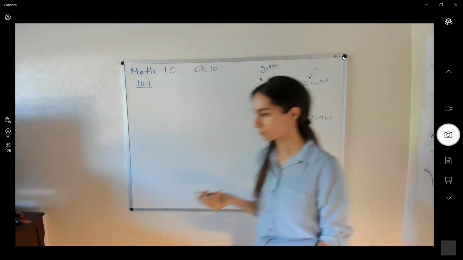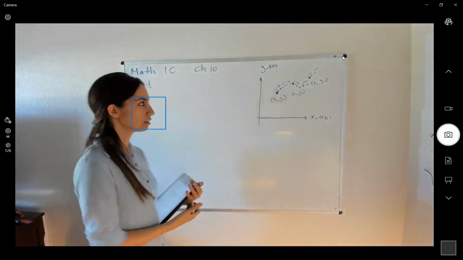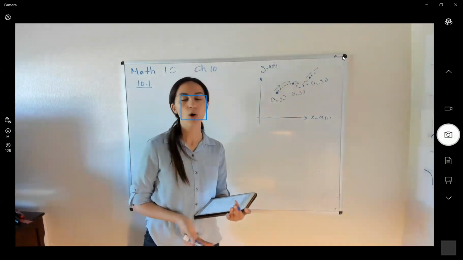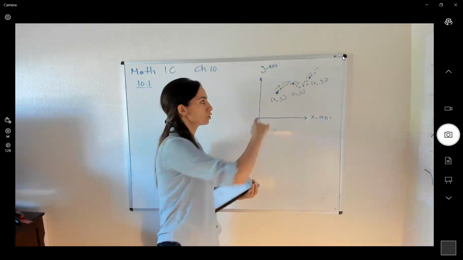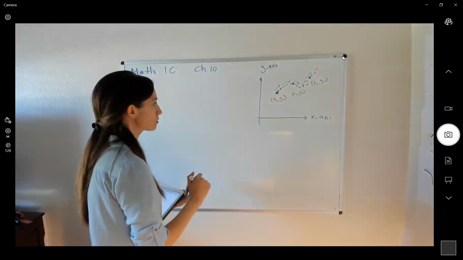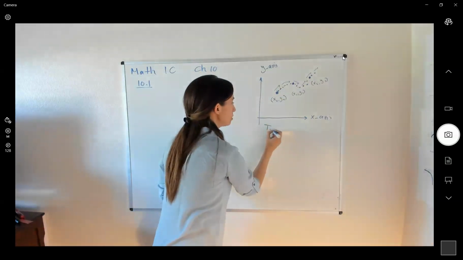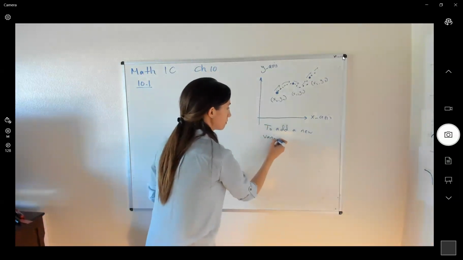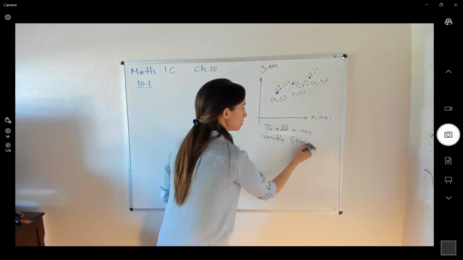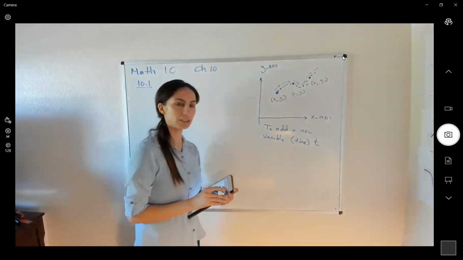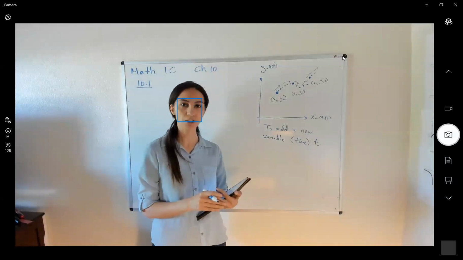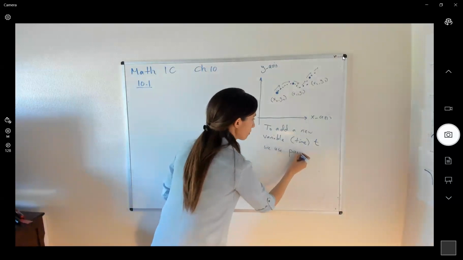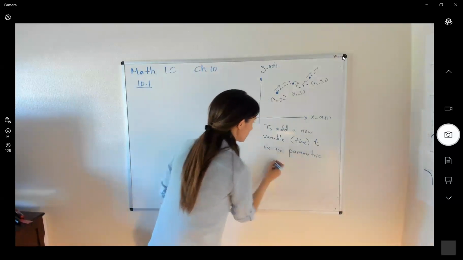Here's a question. What if I want to time the movement of this particle? How can I add time or a new variable like t to this particle? To add a new variable, like time, t, we define something that we call parametric equation.